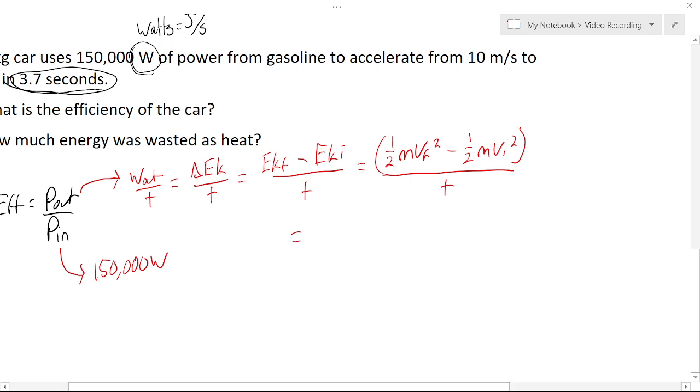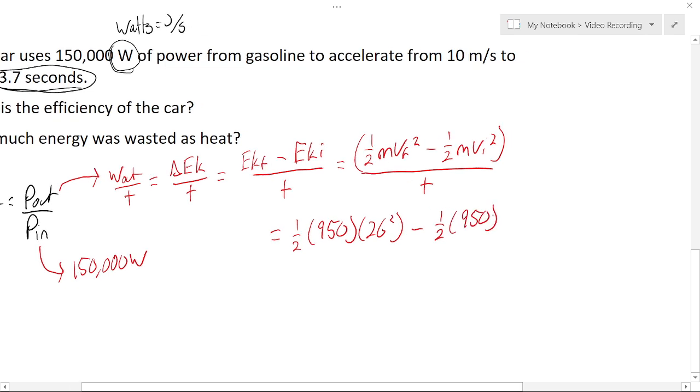Okay, let's find what this is, and then we'll plug it back into the efficiency formula afterwards. So this is 1/2 times 950 times 26 squared minus 1/2 times 950 times 10 squared. So 10 is the initial velocity. And our time is given in the question as 3.7 seconds.